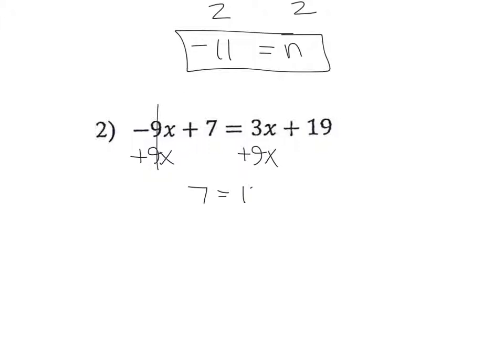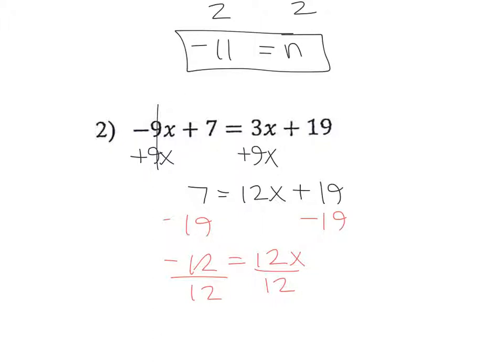So 7 equals 12x, because 3x plus 9x is 12x, plus 19. Then you need to subtract 19. So negative 12 equals 12x. Divide by 12, x is negative 1, is my answer.